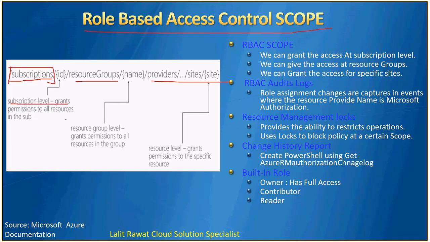When you apply the policies on the subscription level, it will apply the permissions to the subscription. So your administrator has the rights to all the resource groups, all the resources, including the sub resources. So basically it has all the rights at the subscription level if you provide the owner, contributor or the reader permissions.